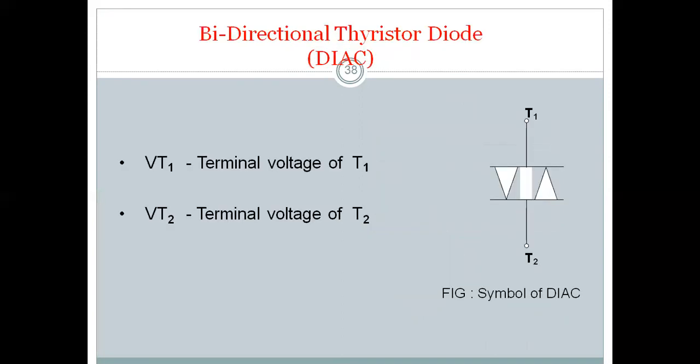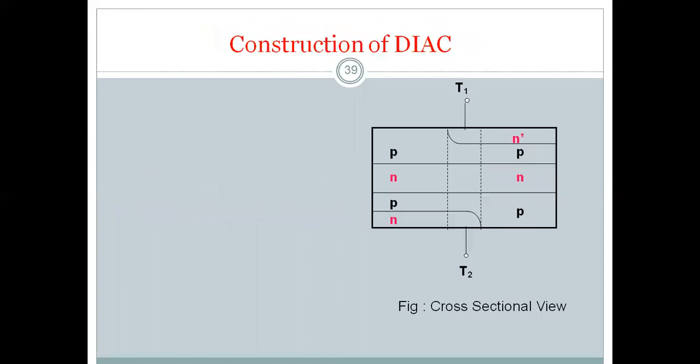The symbol of DIAC is shown here. When the terminal T1 is positive with respect to T2, the layers PN start conducting when the voltage of T1 is more than breakover voltage VBO1.